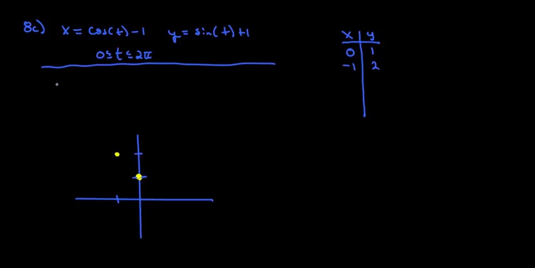Maybe we'll try another one, like, well, I don't know, let's try pi. So this one here, by the way, guys, was at 0 radians. This one right here was at pi over 2 radians. Okay, the next one's going to be at pi radians. I'm following a pattern here, but you don't have to.